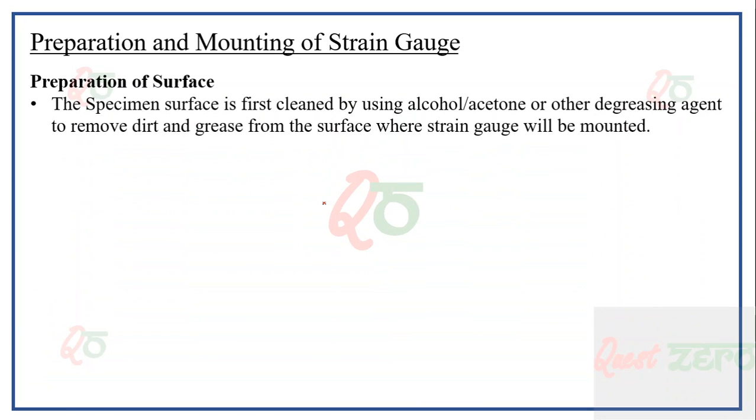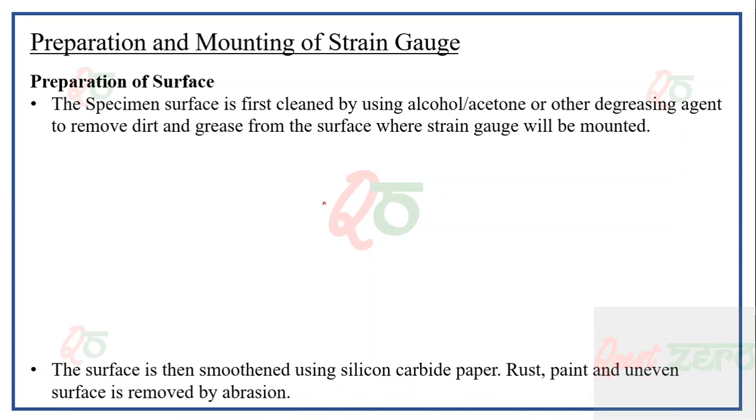Hence we first need to clean the entire surface using alcohol, acetone or any other degreasing agent. Dirt as well as grease should be completely removed from the surface where the strain gauge will be mounted.